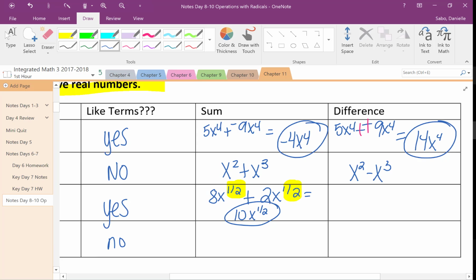You're not changing that variable at all when you're combining like terms. All right, do the difference. You should have got 6x to the 1/2, hopefully. Do you have any questions on that?